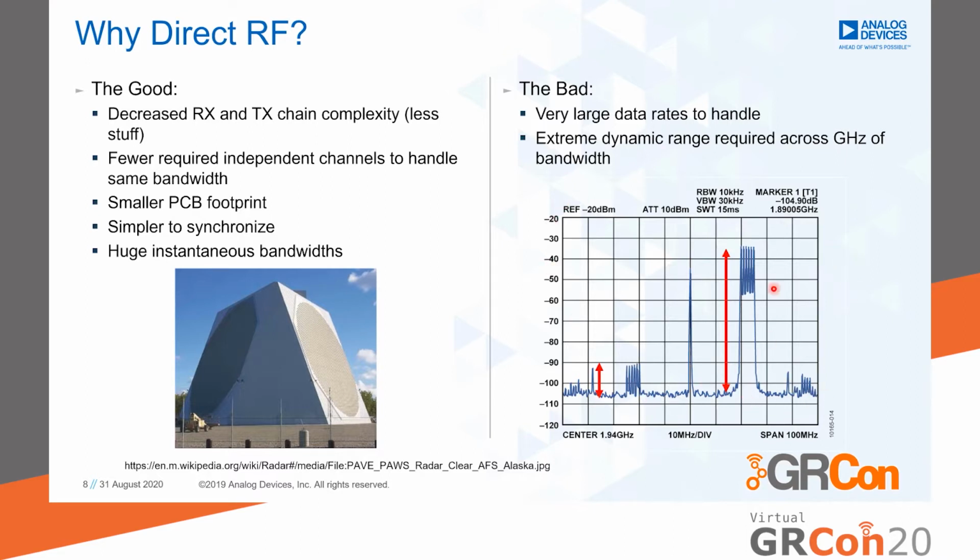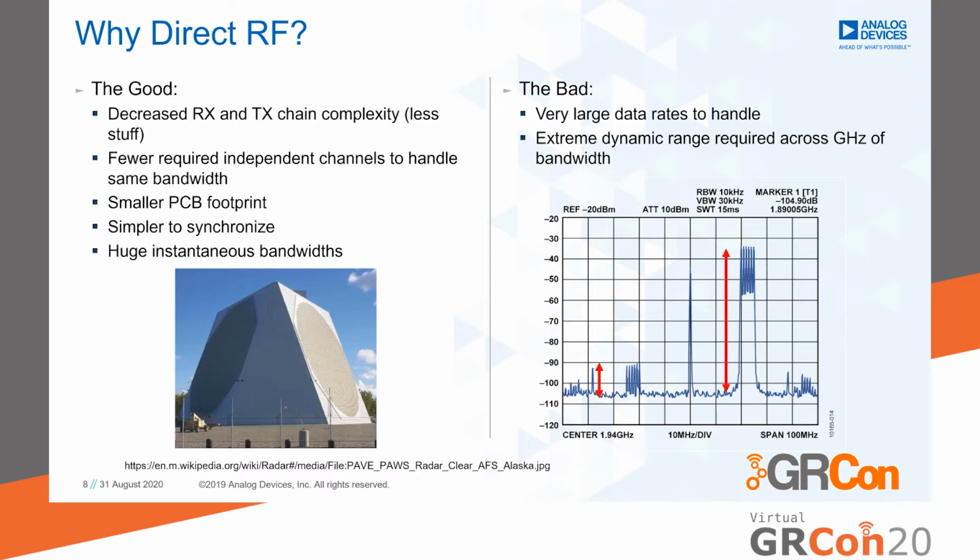If you have a signal that's very loud, which we have on the right here, that's going to drown out possibly other signals that we'd be interested in, like the one on the left here. This is the signal that we're interested in, and we can't simply turn up the analog gain because we would actually saturate, because this signal would dominate the other ones. So this dynamic range problem is very common in direct RF.